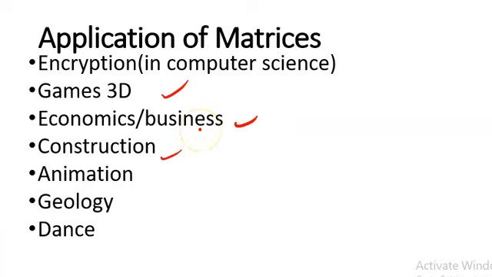Animation that you see around, they are used to change shapes. And then geology, that's the seismology too. You can use matrix. And dance, a complicated group dance, you can see matrix in action. These are few of them. There are more, but I'm just introducing a few of them.